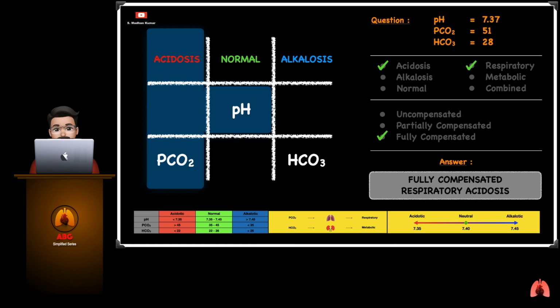Because it is fully compensated, the pH is in the range of 7.37. It is moving towards acidosis from the neutral point, and PCO2 is involved in the acidosis column, which represents respiratory.